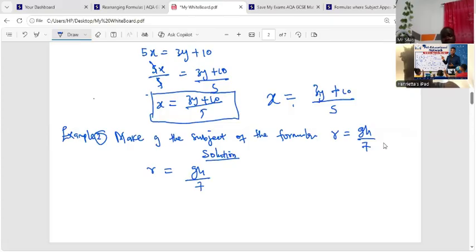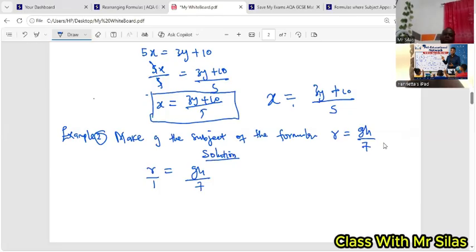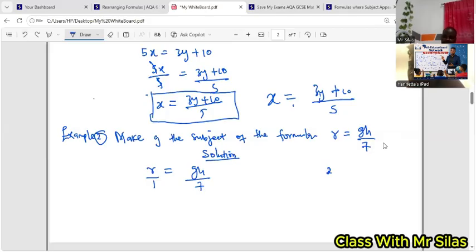Okay, since you don't have an idea, the first thing you are going to do is make your left hand side a fraction. Just put it over 1. Remember when you learned linear equations, let's say you have 2x equal to 4 over 5, and you want to solve this kind of equation.